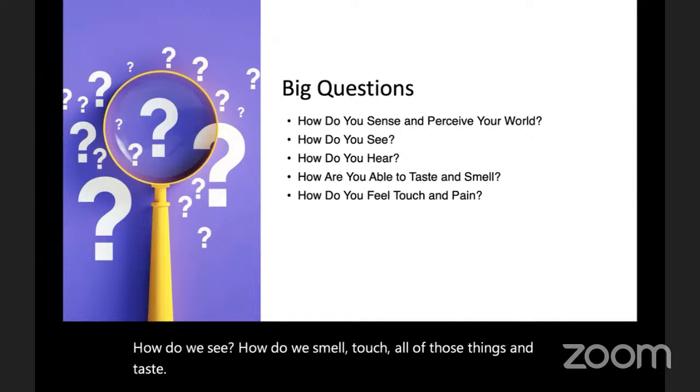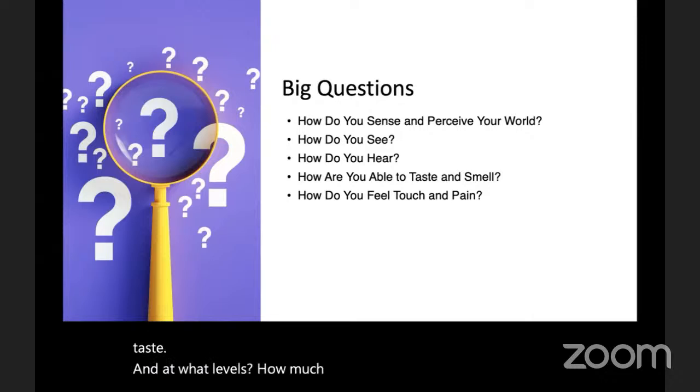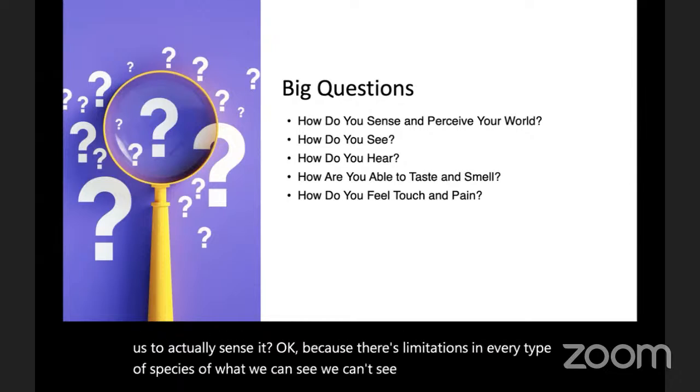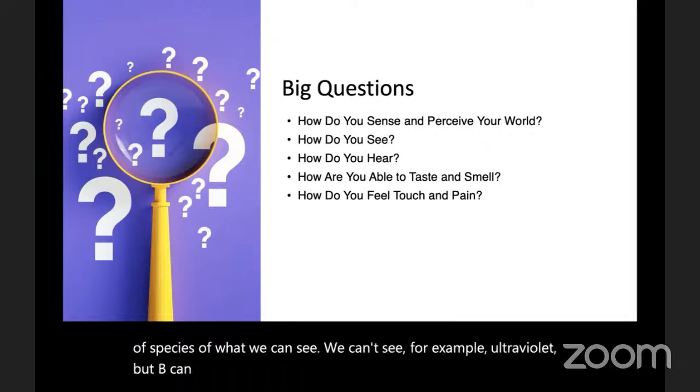And at what levels, how much intensity of a stimulus is necessary for us to actually sense it, okay? Because there are limitations in every species of what we can see. We can't see, for example, ultraviolet, but a bee can, is an example of what they want to know based on our sensation system, okay?